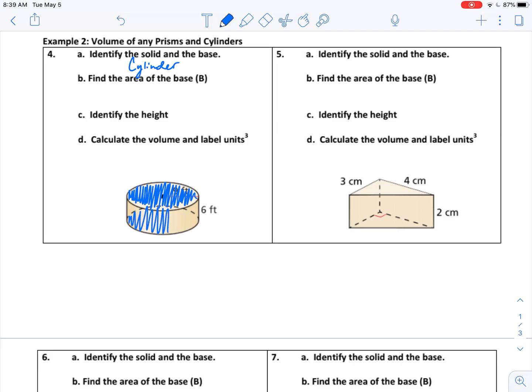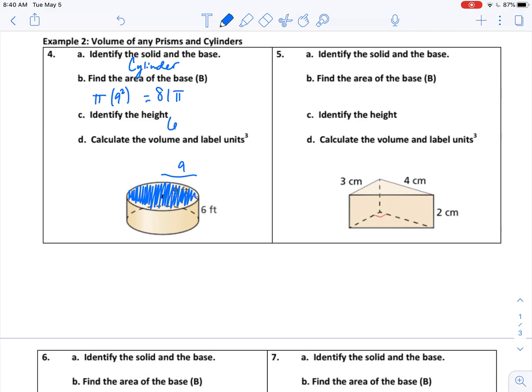So these circles are the bases. And the area of that circle with radius 9 is pi times r squared, which is 81 times pi. And the height is 6.